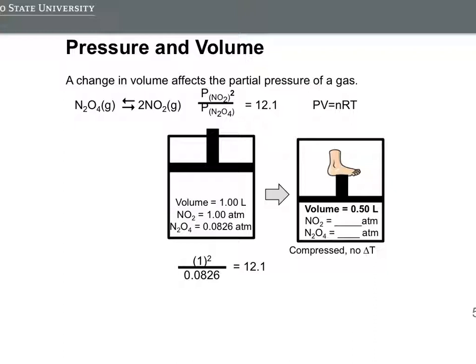So what this is showing you is that by decreasing the volume by half, we can actually predict the pressures for NO2 and N2O4 using our PV equals nRT.